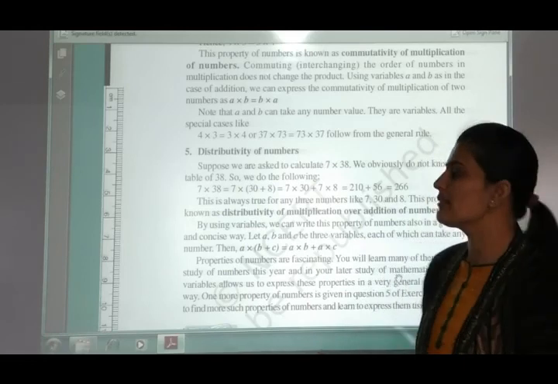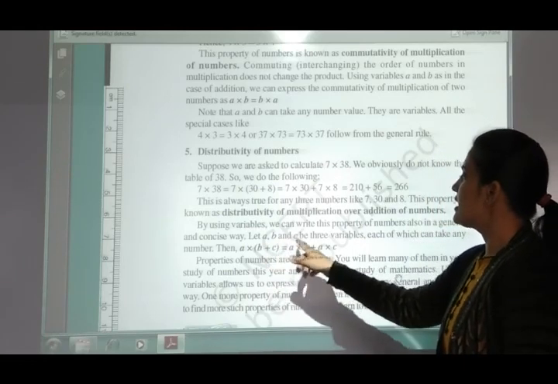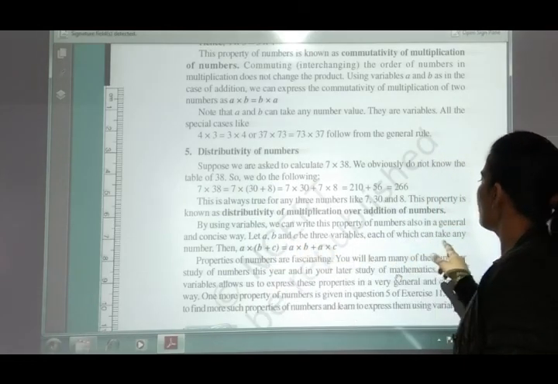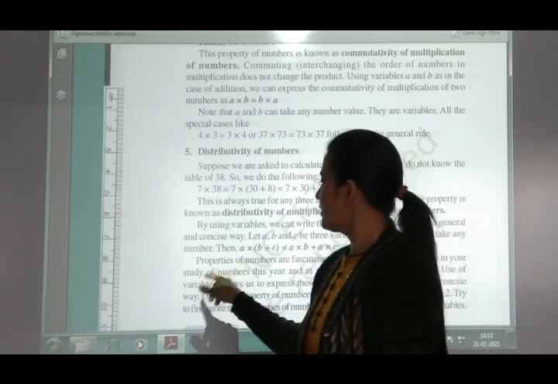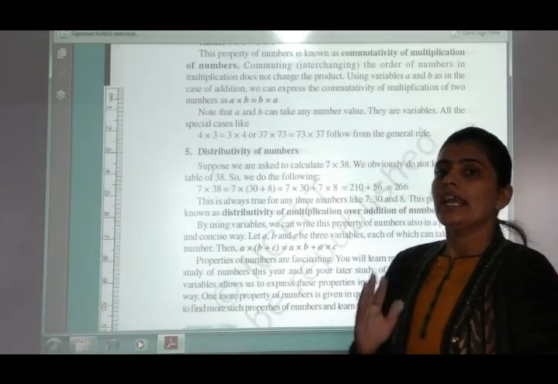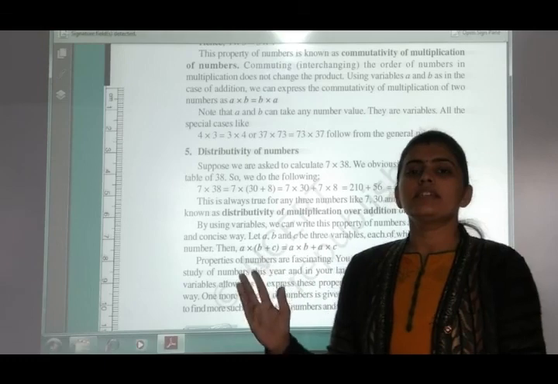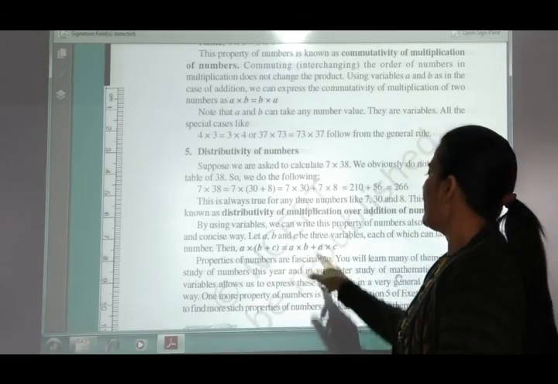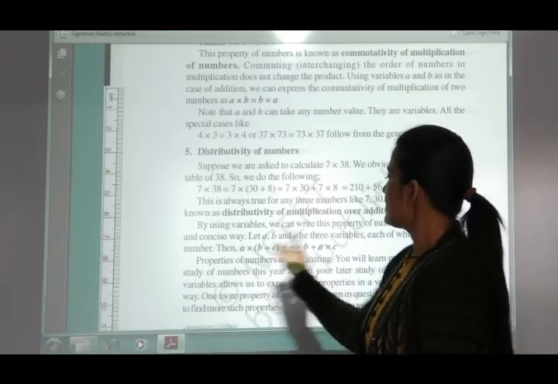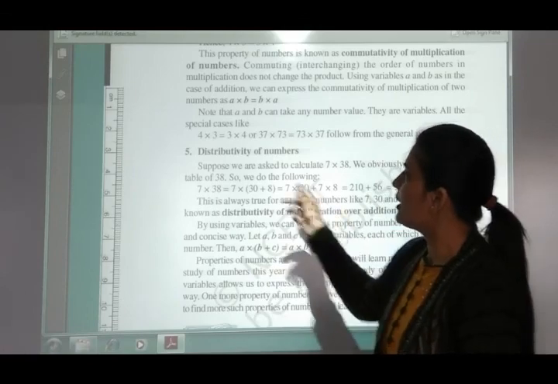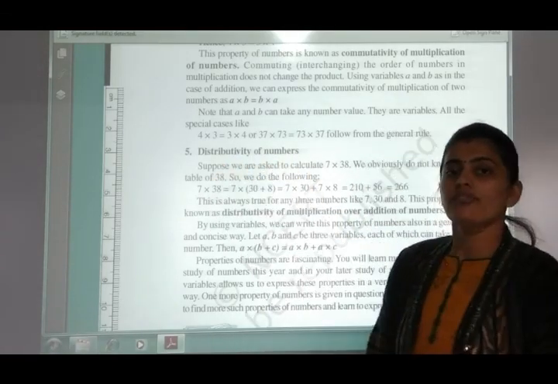Suppose A, B and C are 3 variables, each of which can take any number. Then A multiplied by B plus C is equal to AB plus AC. This is the rule for the property of distributivity of numbers.